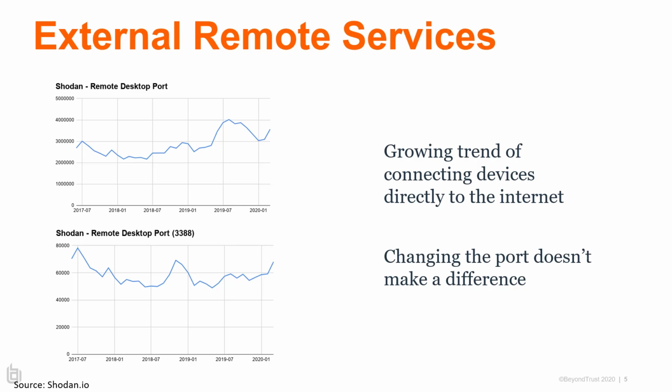And Shodan again can confirm that these have increased. Even though we know that with very simple tools, an attacker can identify the software listening on any specific port. But still, 8% of RDP devices remain vulnerable to BlueKeep, even though the patch has been available from Microsoft since last year, May.